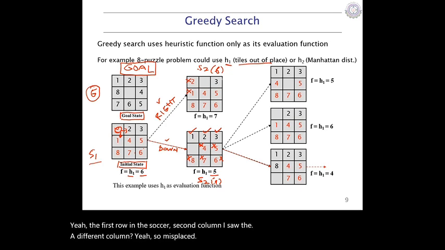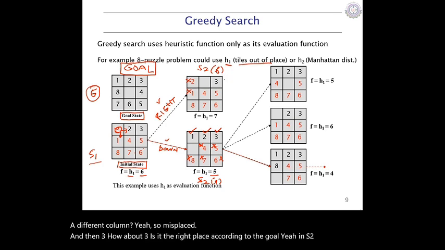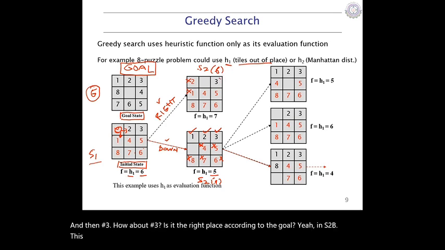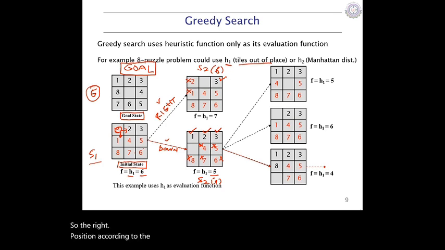And then number 3, is it in the right place according to the goal, in S2B? Yes, the right position according to the goal. And how about number 4? Misplaced.